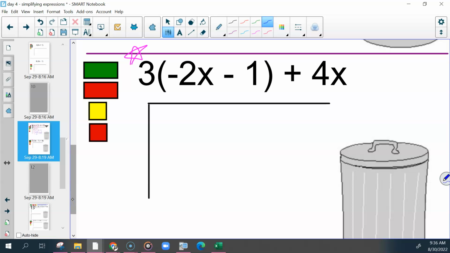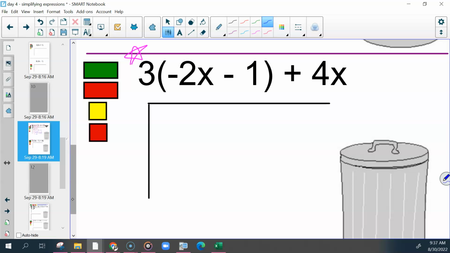Now we have this one. What do we think is the first step? Multiplying 3 into negative 2x and negative 1. That is correct. Could I add these two things together? No. This is in parentheses.